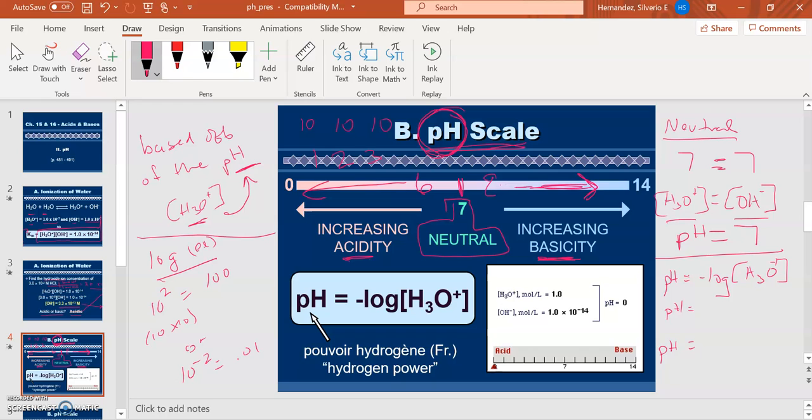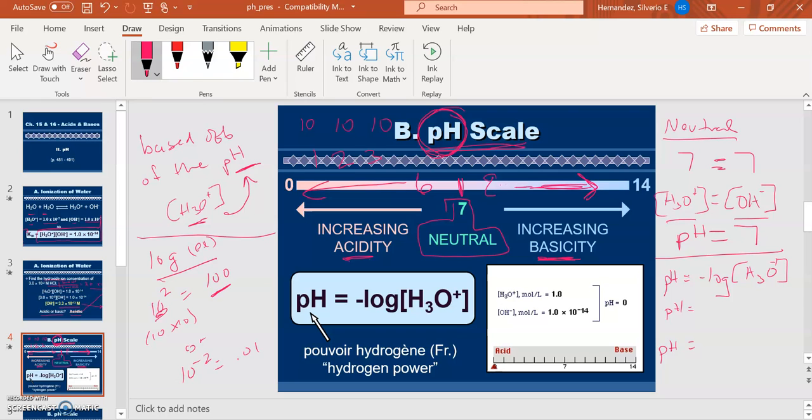So they're just increasing by factors of 10. What does that mean? Let's say I wanted the number 100, and I have a base of 10 like I do with the pH scale. That means I would have to raise 10 to the second power to get 100, or in other words, 10 times 10.